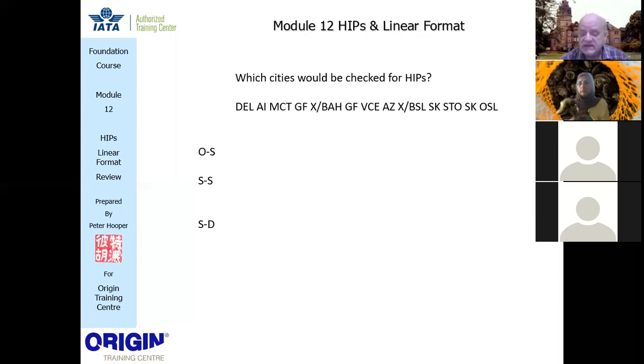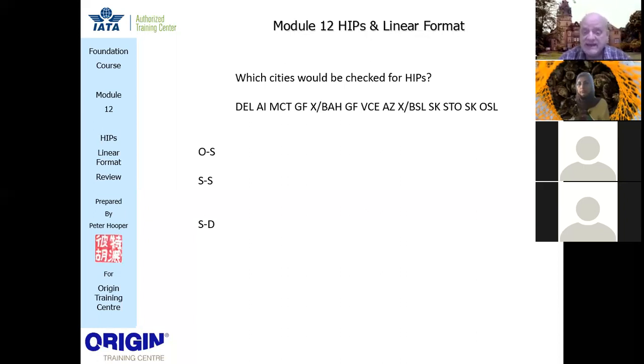Is MCT, Muscat, a stopover? Yes. Right, I would check the fare Delhi to Muscat. Would I check the fare Delhi to Bahrain? No. Why not? Because it's not a stopover, it's a transit. However you remember it, you're correct.